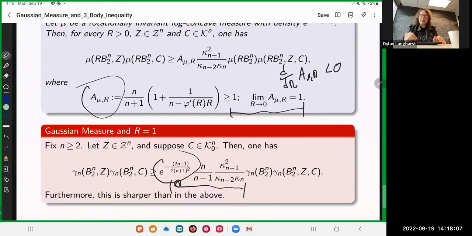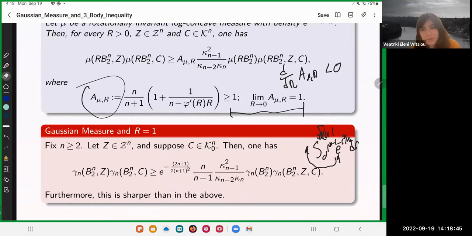So that's how we got this: we applied Jensen's to some Gaussian type integral, from 0 up to some function of n, of r to the n minus 1 times e to the minus r squared over 2 dr. And we apply Jensen's to bring this e out here. And so if there's equality, then that would imply equality in Jensen's, which can never happen. So this is also sharp because of the Jensen.